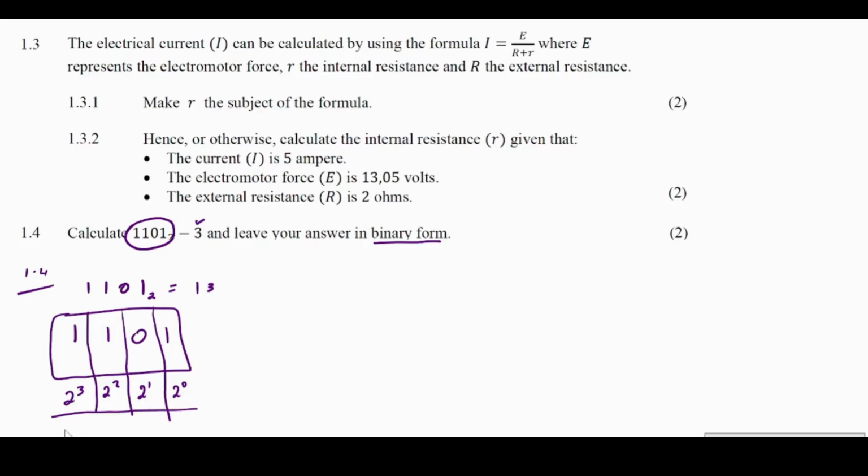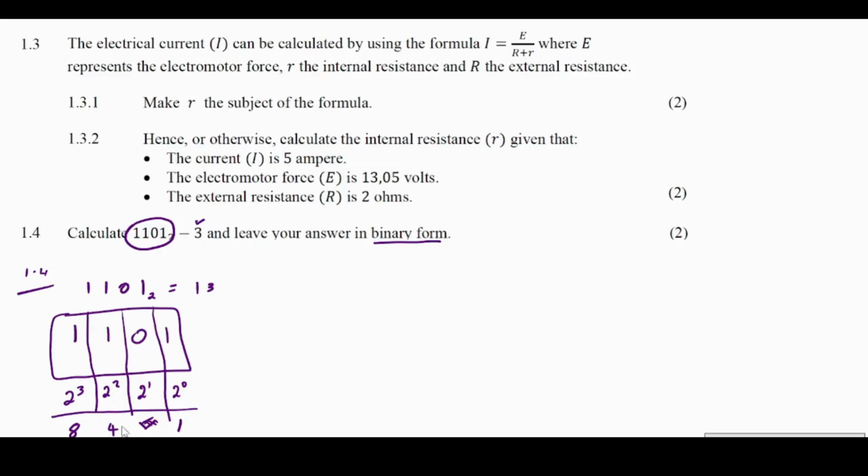2 to the exponent of 3 gives us 8. This one gives us 4, and this one gives us 2, but we're not going to work with this one because of its 0, and then 2 to the exponent of 0 is 1. And then you add all of these numbers. The one where you find 0 here, you neglect it. We're going to work with only the numbers where we find 1.